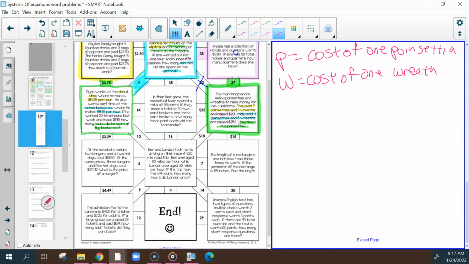Anyone want to take a guess as to how we would set either one of these up? 7P plus 3W equals 309. And then the second equation is 4P plus 6W is 252.